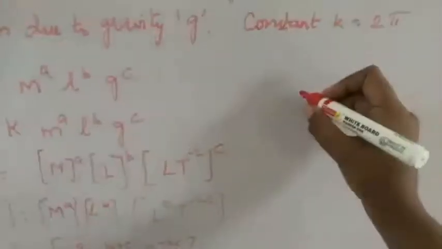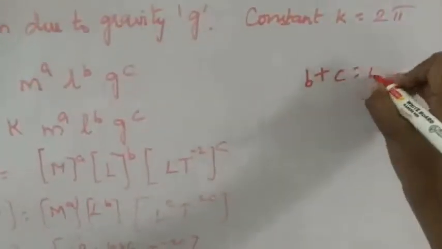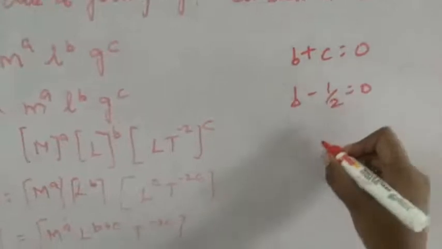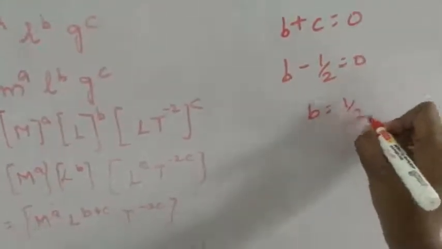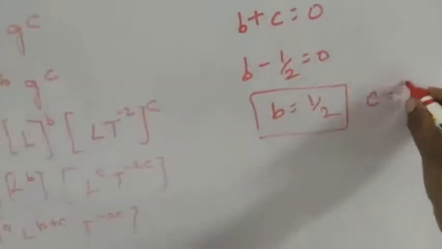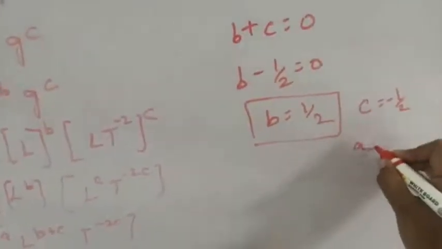From this, c is equal to minus 1 by 2. Substitute this c in b plus c is equal to 0. The c value is minus 1 by 2, so b minus 1 by 2 equal to 0, which becomes b is equal to 1 by 2. So you have b value as 1 by 2, c value as minus 1 by 2 and a value as 0.